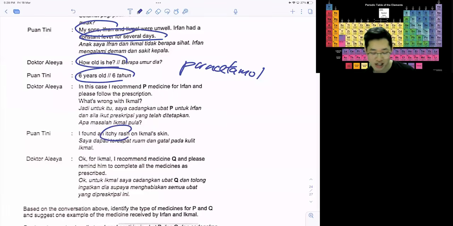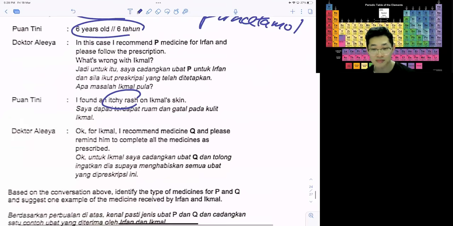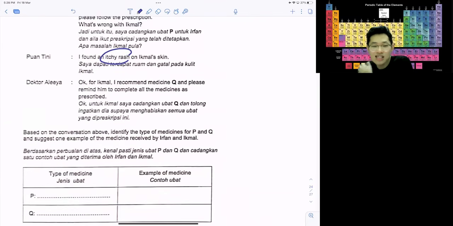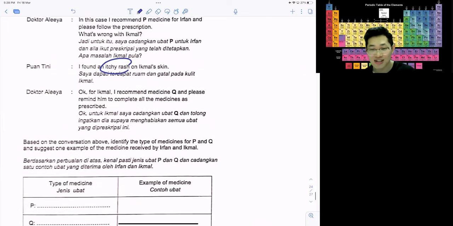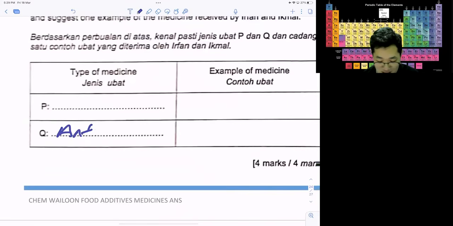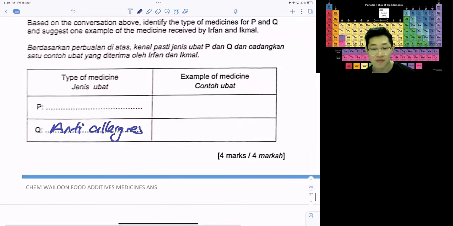Or itchy rash on the skin. Rashes. So skin itchy. Want to get the cane already, this boy. So we give the cane lah. Anti-allergies.